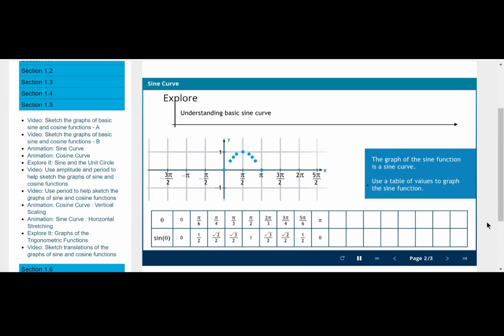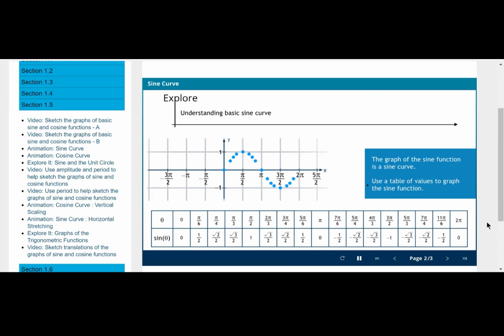And when we plot that on a two-dimensional coordinate system, we get a wave. So the graph of sine, where the values are repeating, they're just changing sign. So our graph is a wave.